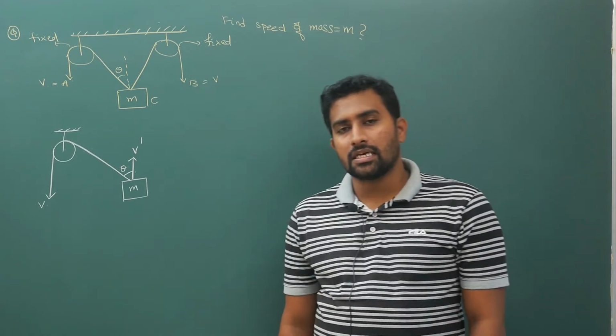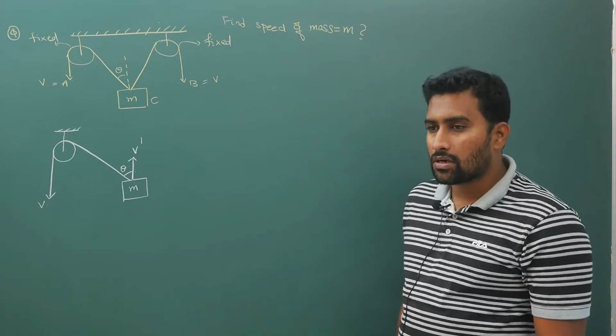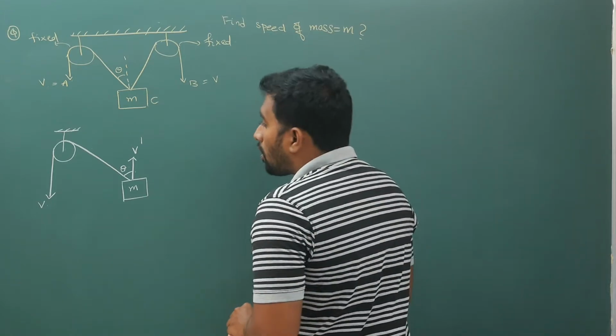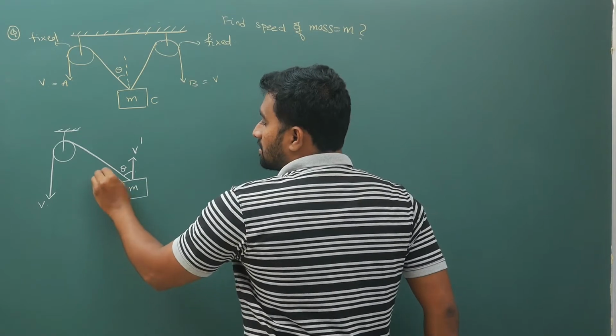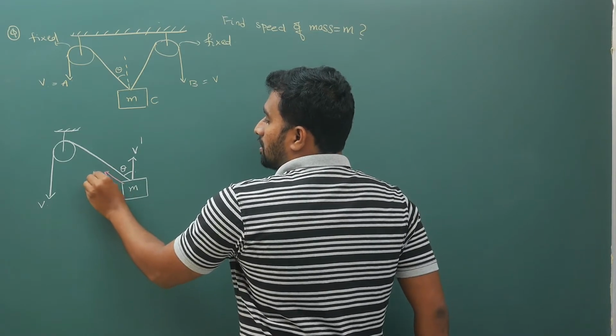Velocity components along the length of the string will remain constant. So the component of V dash along this is how much? It is V dash cos theta.